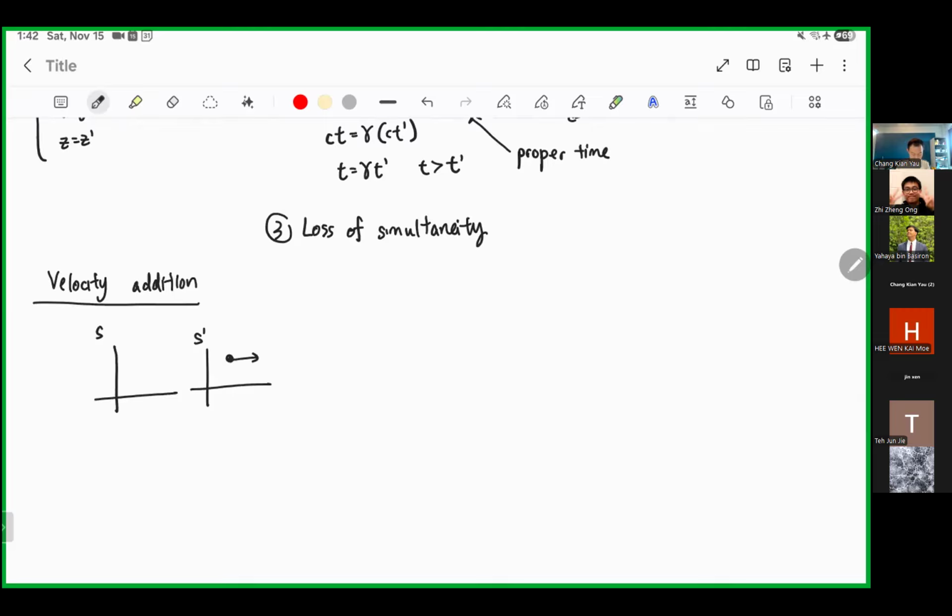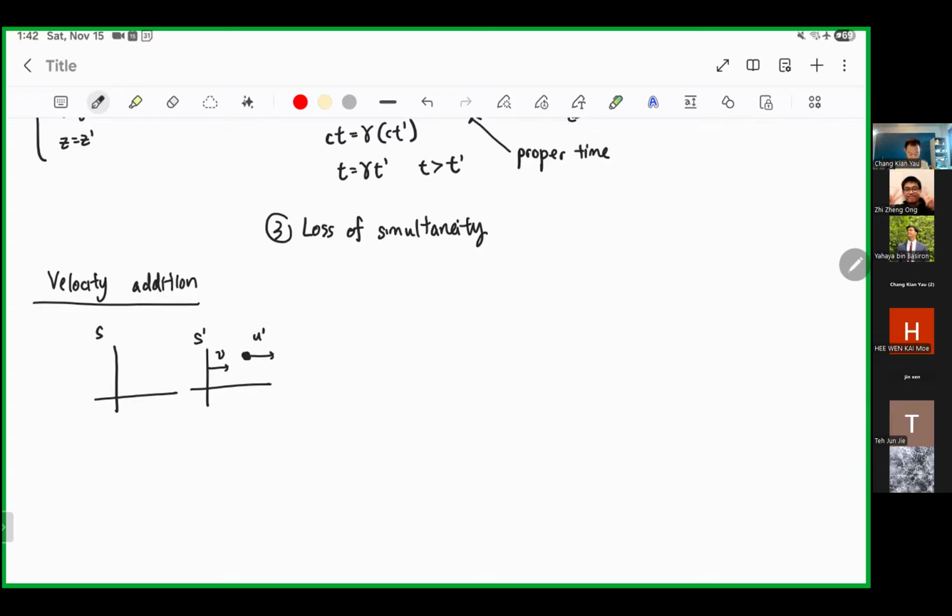Let's say I have an object moving in the S prime frame. This is V, so we need to define another letter for this velocity. Let's call this U prime. So this object is moving at a speed of U prime from the frame of S prime.